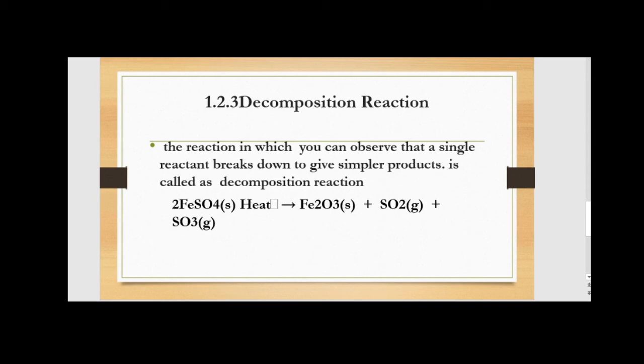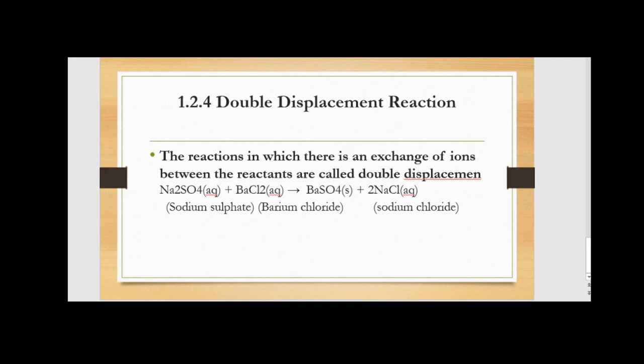And the next reaction is double displacement reaction. Double displacement reaction is also one type of inorganic reaction. In this reaction double displacement takes place, and this type of displacement mostly takes place by the exchange of ions between reactants.